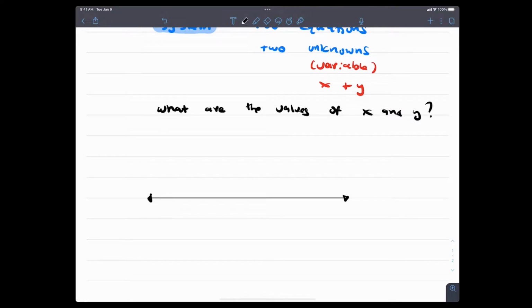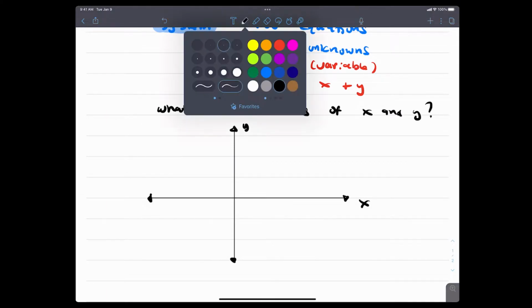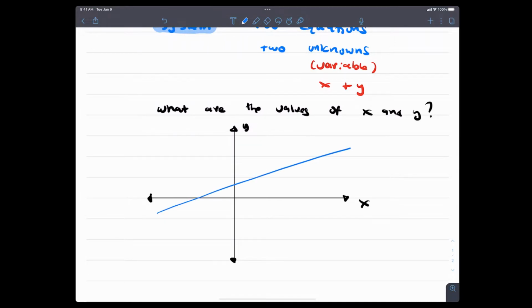In Math 115, you solved a system of linear equations. And here's what that meant. Remember, every linear equation can be represented by a line. So here's L1. And you have another linear equation represented by another line called L2.